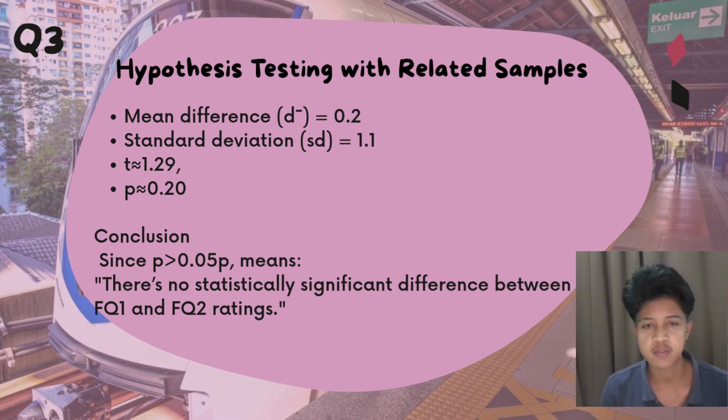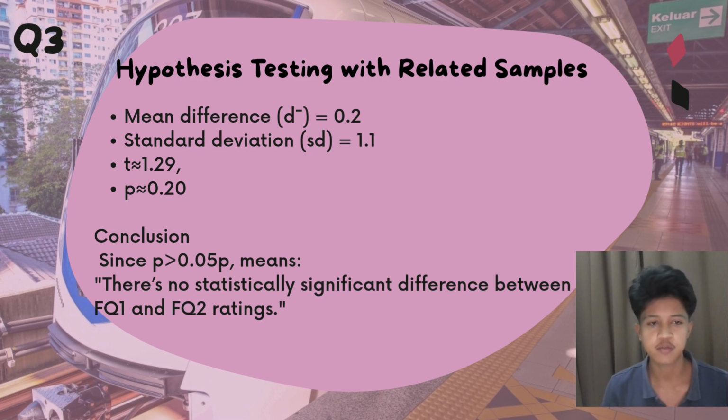Hello everyone, my name is Askar Veja and now I would like to explain the hypothesis testing with related samples. We got a mean difference of 0.2 and a standard deviation of 1.1, the t value is 1.29 and the p-value is 0.20.